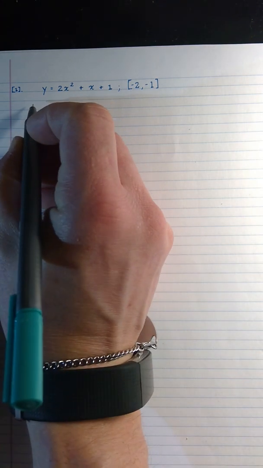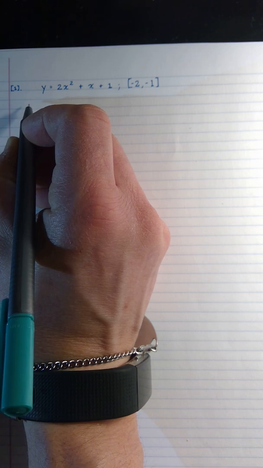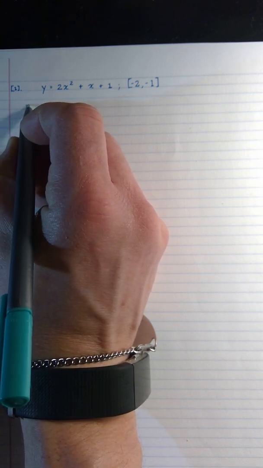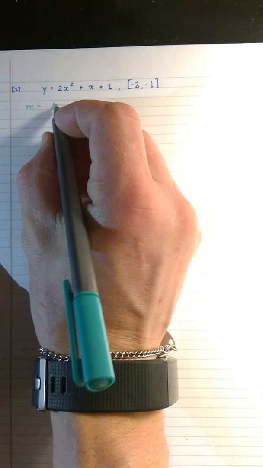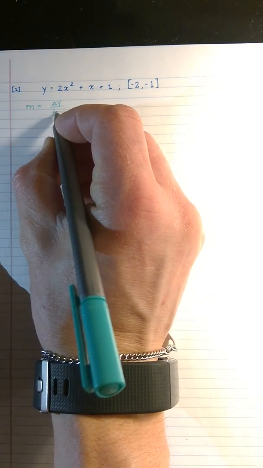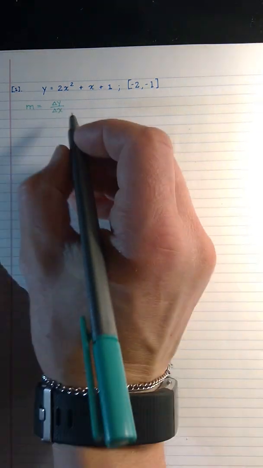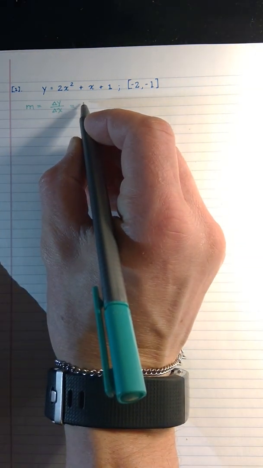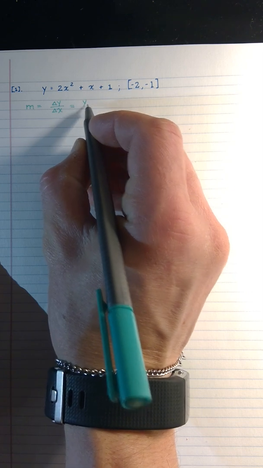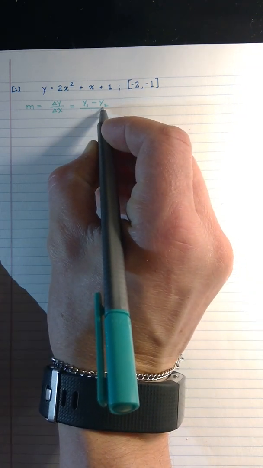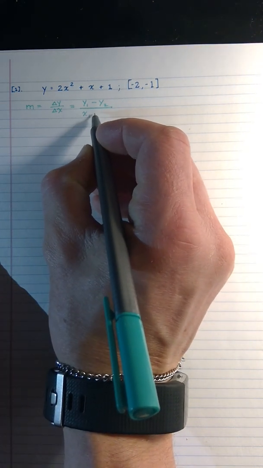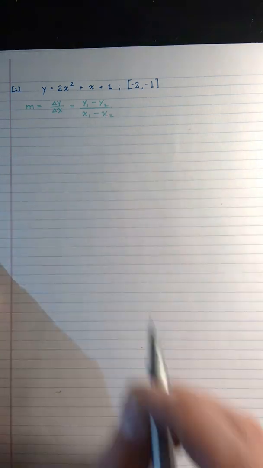So what we're doing is we're first going to recall what rate of change is, right? Rate of change is actually slope, right? So if we're looking at slope, we're talking about the change in y over change in x, right? So we can get that by taking the y value of one point, subtracting the y value of the second point, and then doing the same thing for the x values of those points.